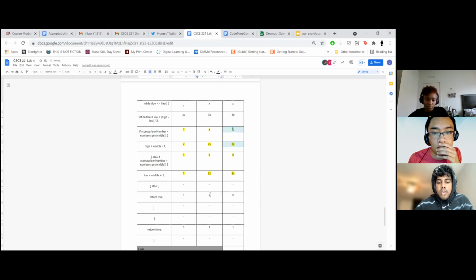So that's going to be 3x plus 5x, or this is 3x right here. Then this becomes 6x, 7x, and then plus 3 plus 1. So that's 4. So the biggest case is 7x plus 4.